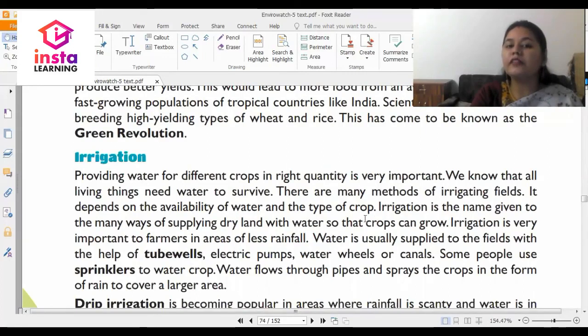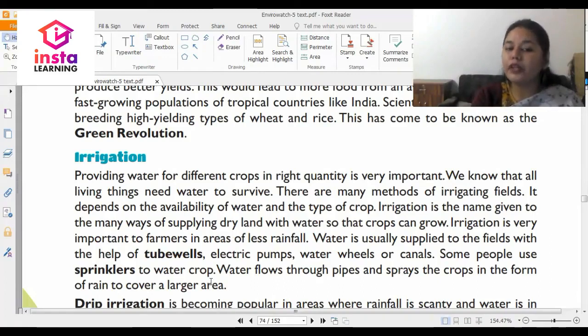Irrigation is the name given to the many ways of supplying dry land with water so that crops can grow. Irrigation is very important to farmers in areas of less rainfall. Water is usually supplied to the fields with the help of tube wells, electric pumps, water wheels, or canals. So these are the sources through which water is sent to the fields.